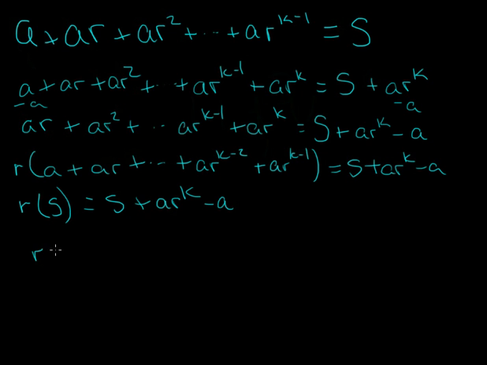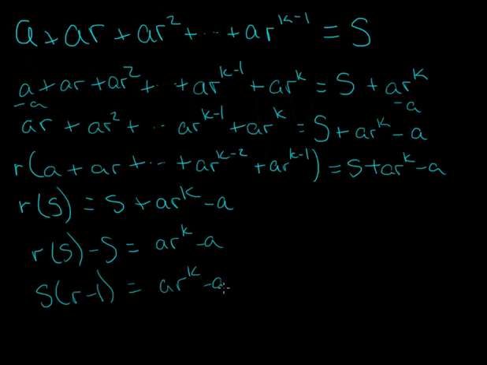So we have rS minus S equals ar to the k minus a. So this is S times r minus 1 equals ar to the k minus a. So our sum is equal to a, which we factor out of the top, r to the k minus 1, over r minus 1.